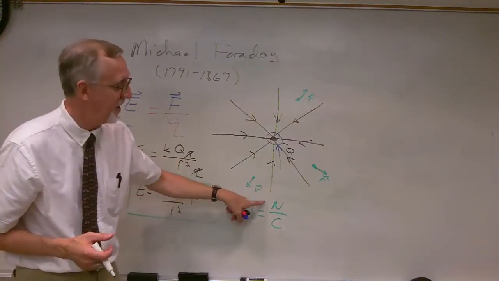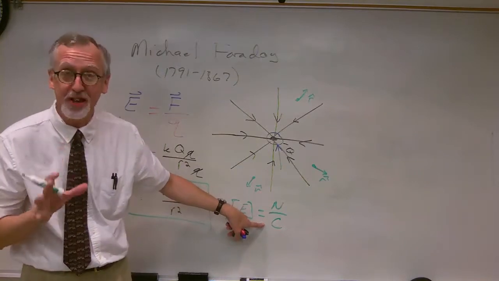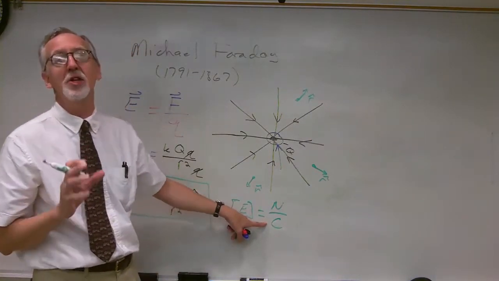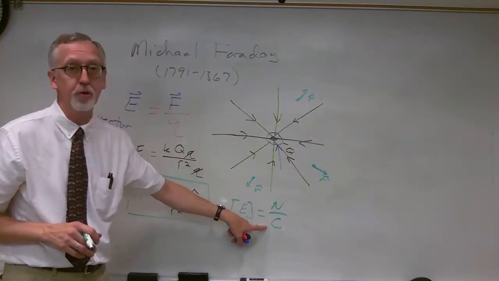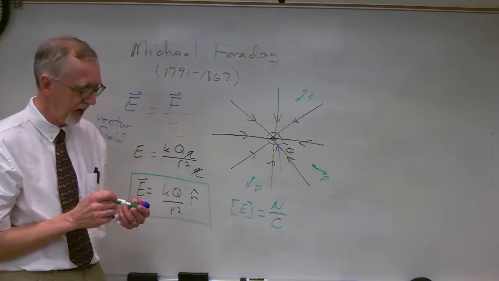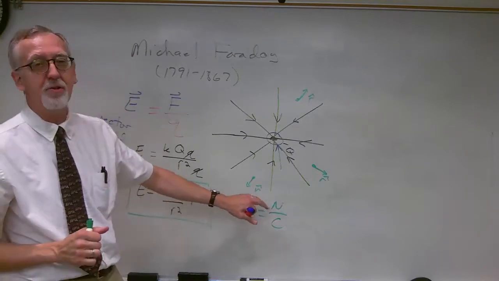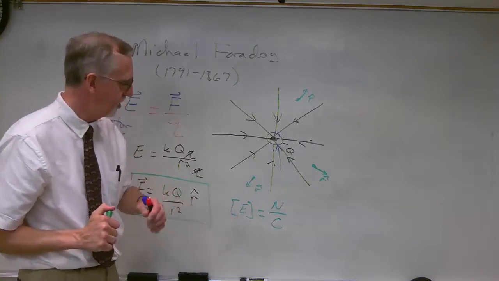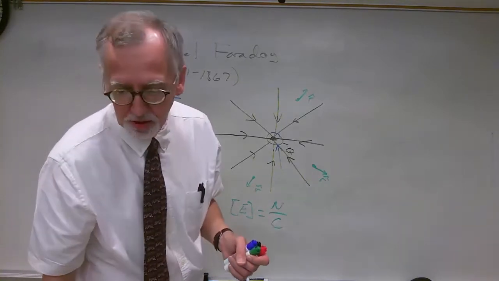We do not have a particular new unit to go along with this. There'll be another combination that we can use later on, but for now we'll say newtons per coulomb.